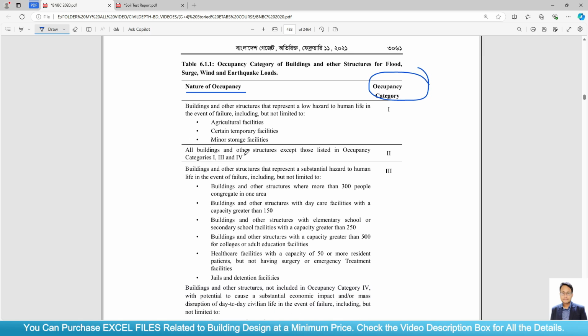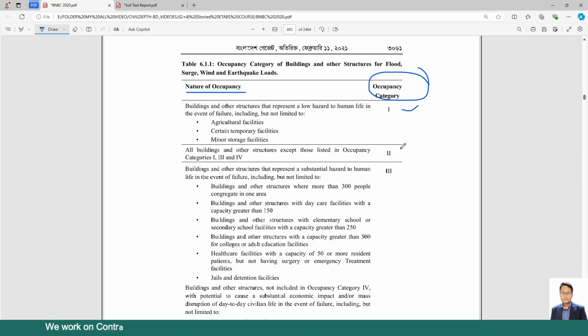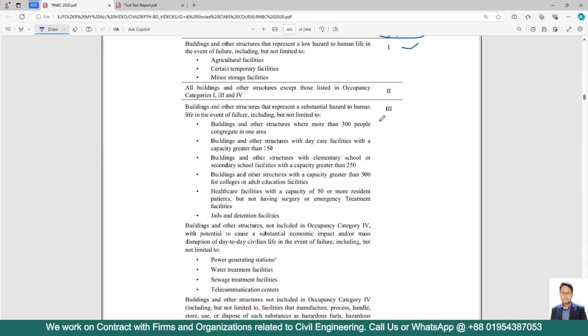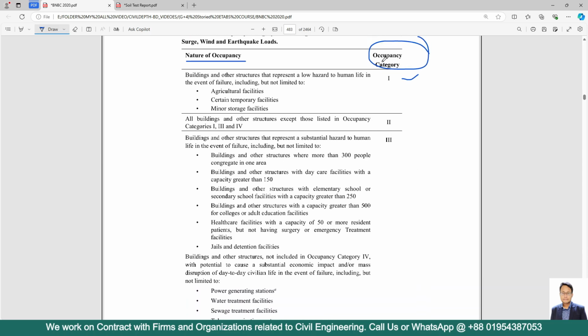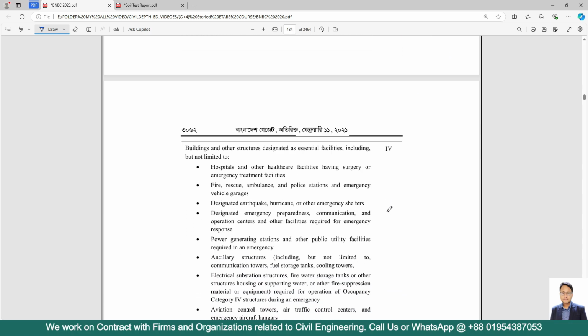Here they have written that for agricultural facility, certain temporary facility, minor storage facility, we can consider occupancy category 1. For occupancy category 2, they didn't mention any specific category here, but they have mentioned occupancy categories 3 and 4.